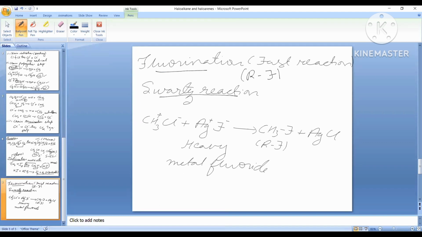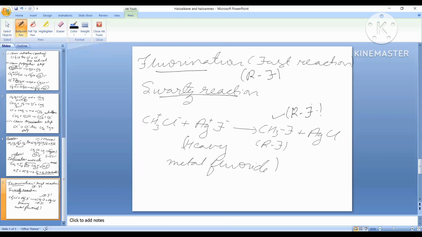You can see the positive and negative parts. This is a heavy metal fluoride. The positive part will attach to the negative part and the negative part to the positive part, making the RF. This is fluorination. I hope you understand this method. It is a very important method according to the exam, so remember it by understanding the method.